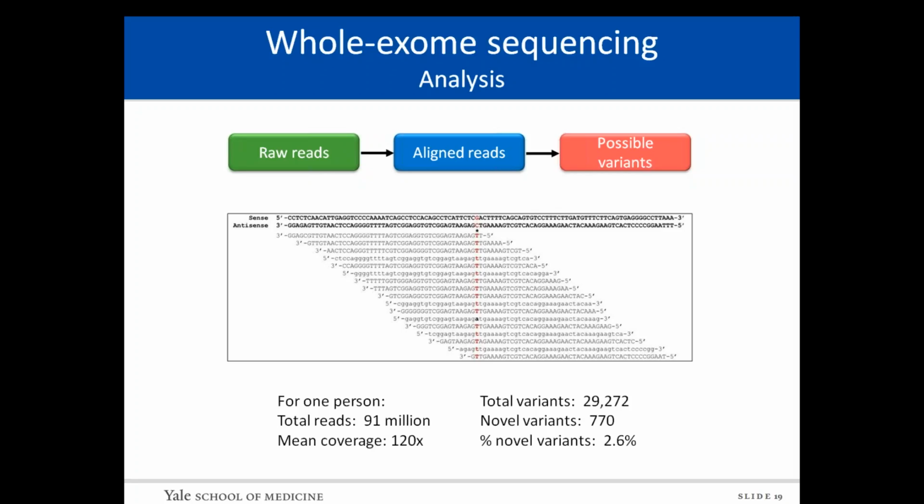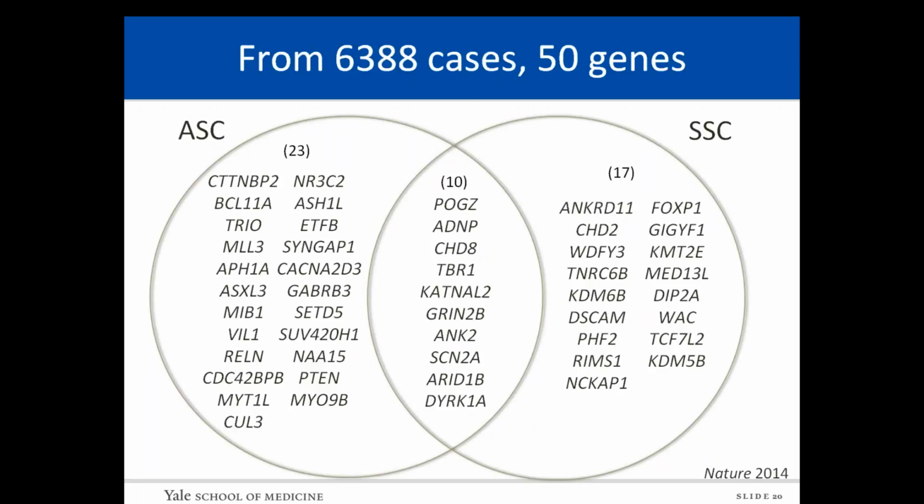So we use those types of filters to figure out of all these variants which might actually be associated with a disorder. Another thing we can do is try to look for genes which have been hit recurrently in unrelated families. That was what was done in two recent large-scale whole exome sequencing studies done in autism, published a couple of years back, one from the Autism Sequencing Consortium and another from the Simons Simplex Collection. Here is a list of genes.